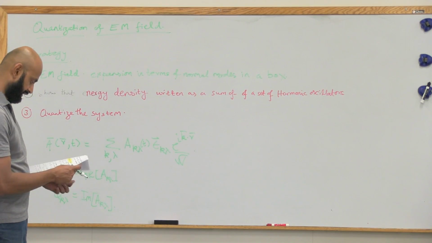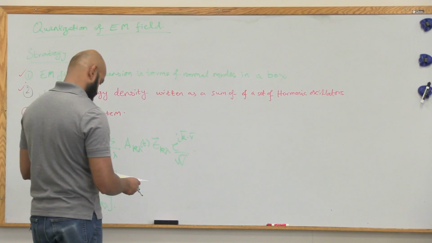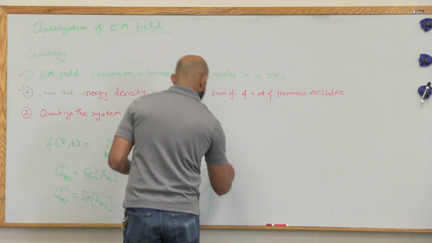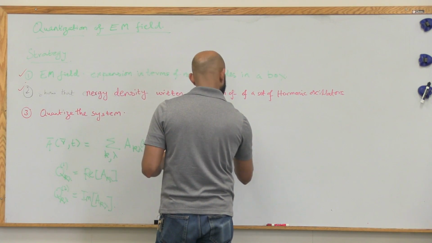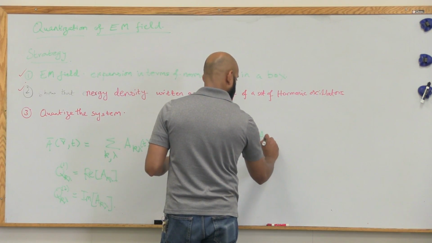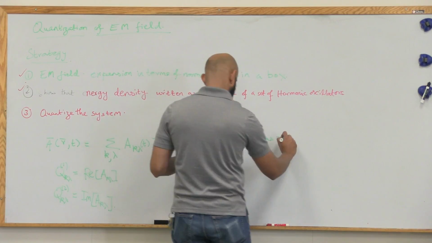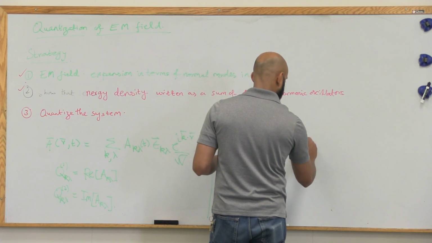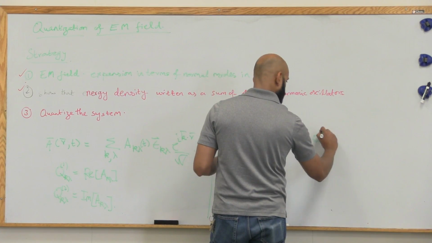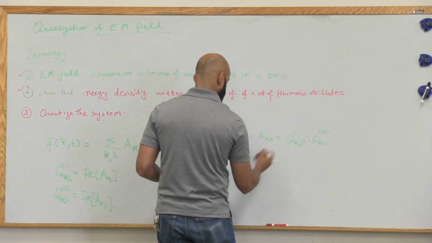And once we did that, we had to split up this sum into two parts. For kz greater than 0, we had a_k lambda equals q_k lambda 1 plus i q_k lambda 2, so real and imaginary parts.